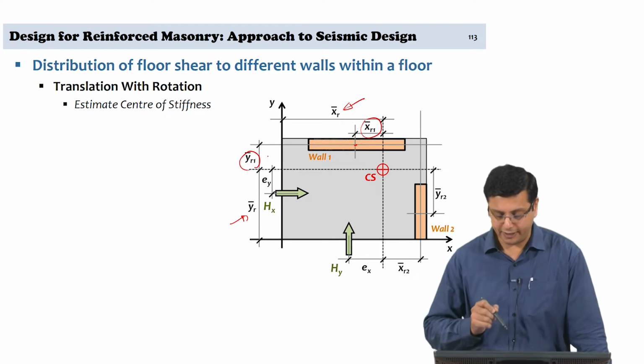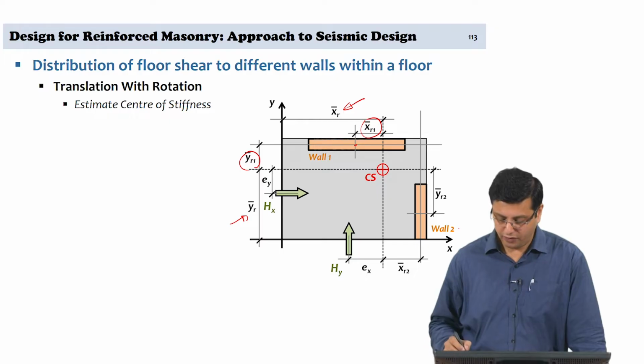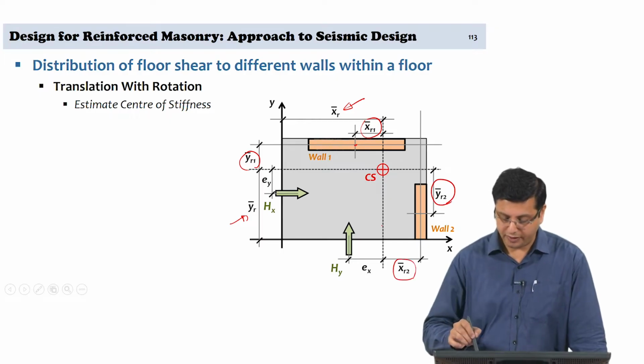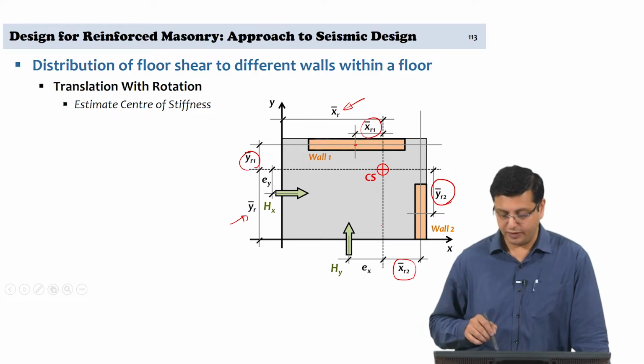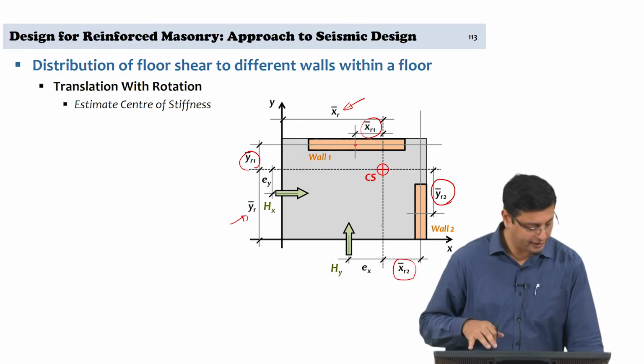Similarly, for wall 2, we define x bar r2 and y bar r2 with respect to the center of stiffness, the lines projected from the center of stiffness.